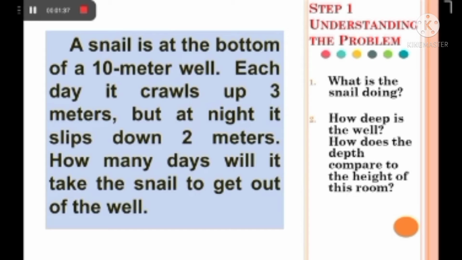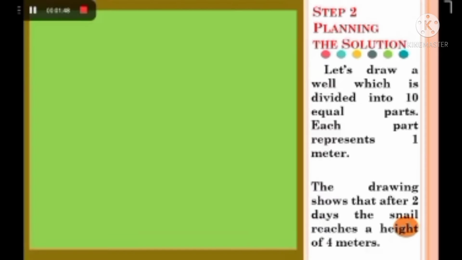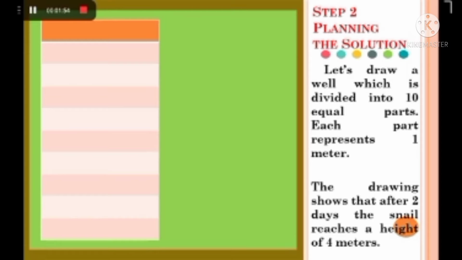How deep is the well? How does the depth compare to the height of this room? So the well is 10 meters. So step 2, planning the solution. So let's draw a well which is divided into 10 equal parts, and each part represents 1 meter.